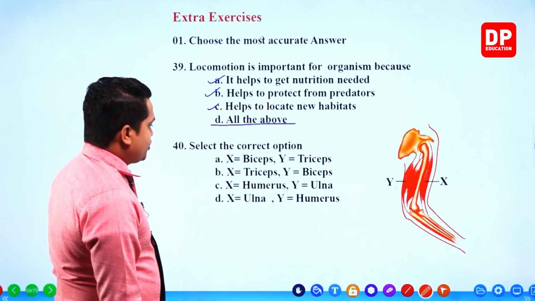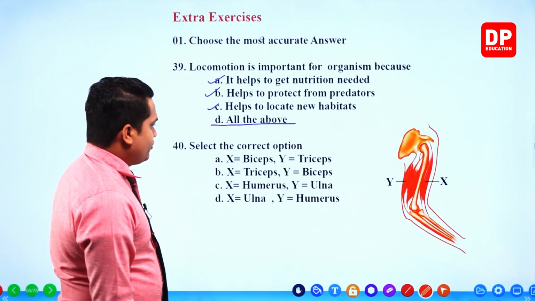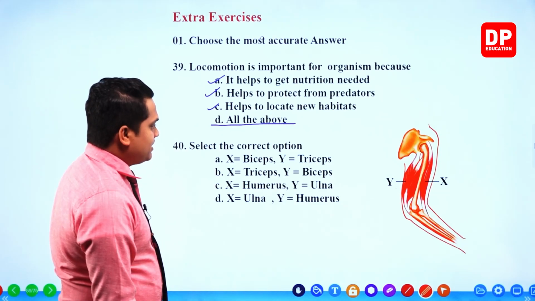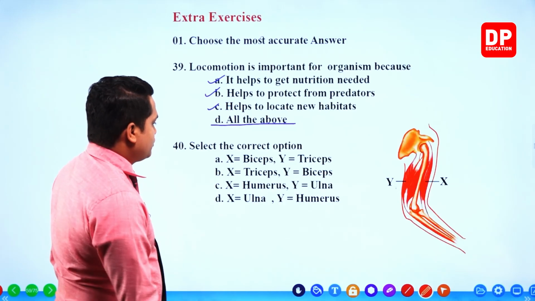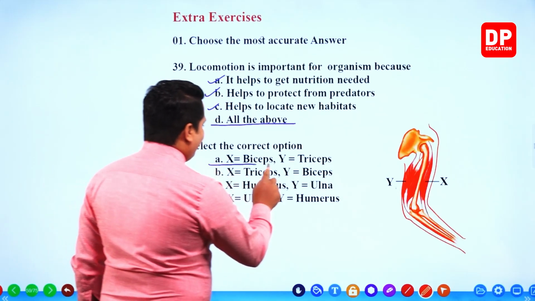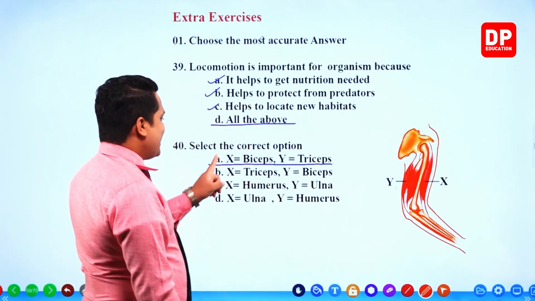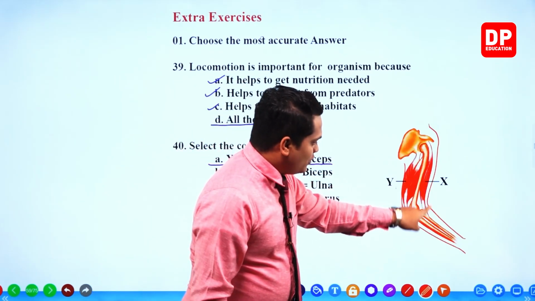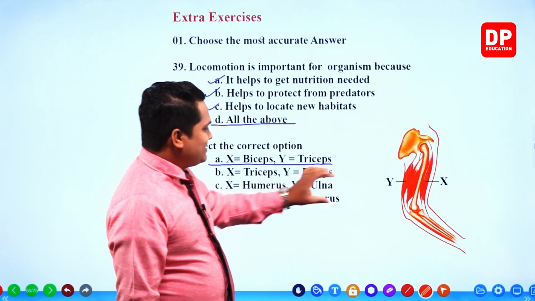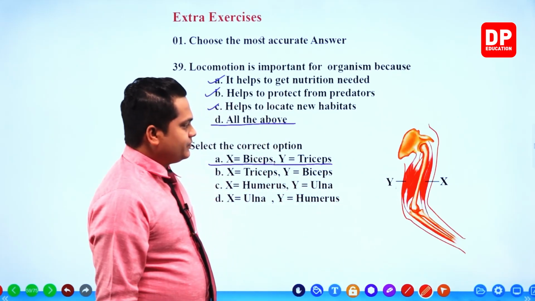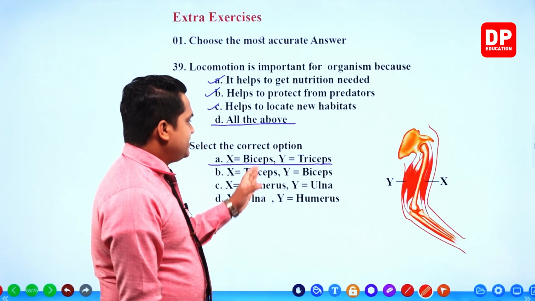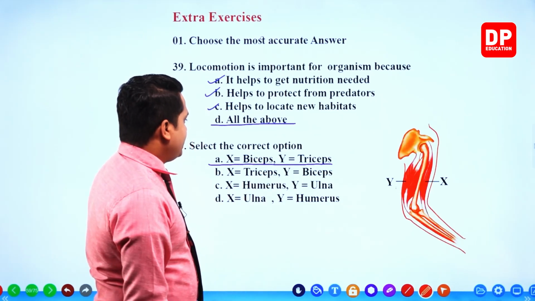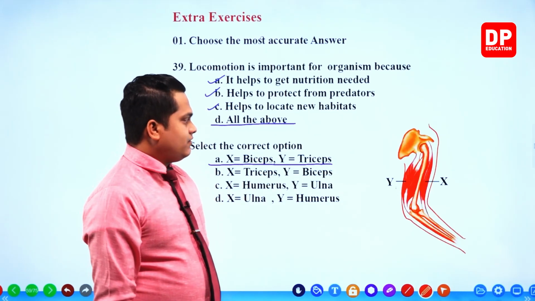X is showing the bicep muscle and Y is showing the tricep muscle. So the correct answer would be the first one. X is the bicep muscle over here and Y is the tricep muscle over here.